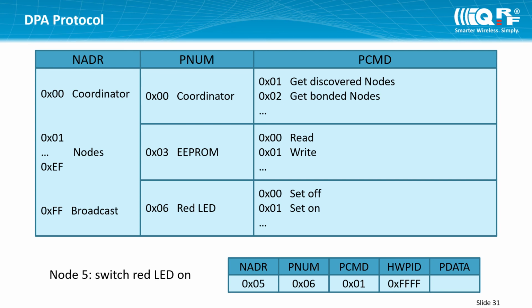The node address is 5, the peripheral number is 6, which means the red LED, and the command for the LED is 1, which means the switch on action. The hardware profile ID is FFFF because no filtering on hardware type is needed, and the data part is empty because no additional data is needed.